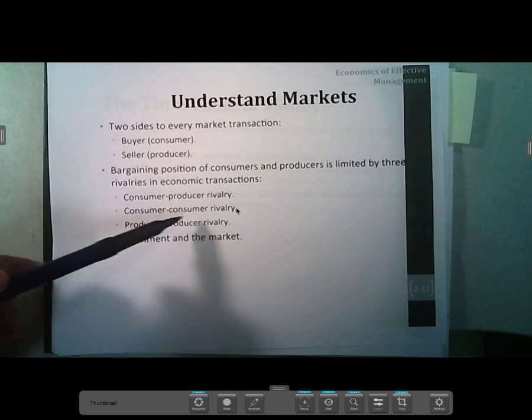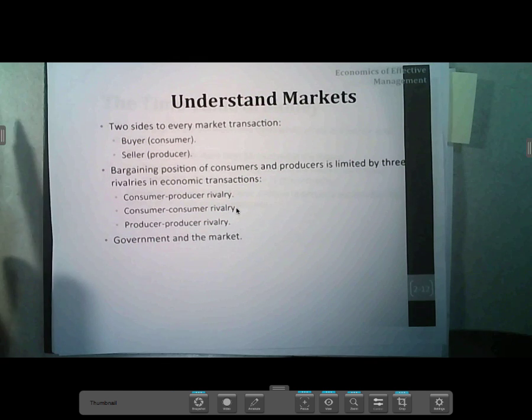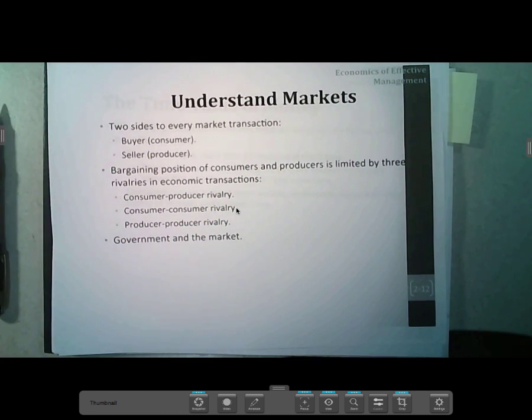We can also create rivalry among consumers, right? If I'm a big business, I generally get a cheaper rate at which I can buy electric than other kinds of consumers, like residents and whatnot. And then I can also create rivalries between producers, right?